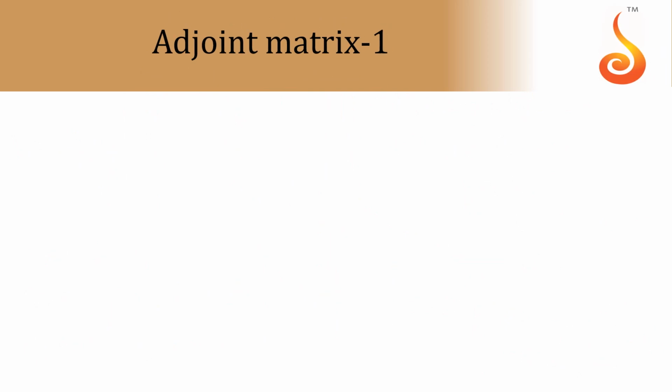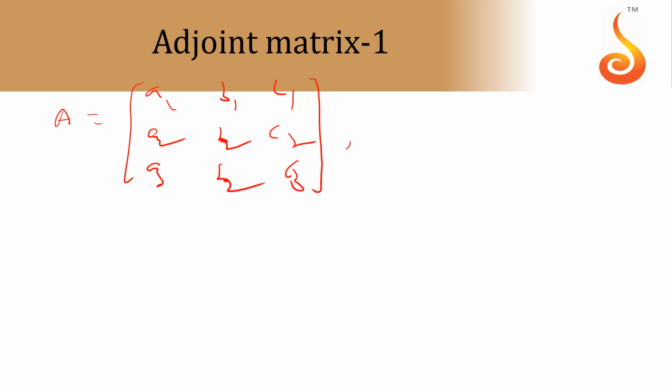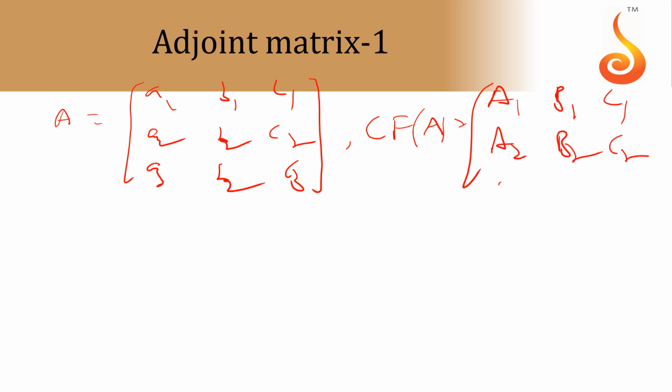Adjoint matrix. For the given matrix, if you replace every element with its cofactor, it is called the cofactor matrix. So you will get capital A1, B1, C1, A2, B2, C2, A3, B3, C3. Then what is adjoint?